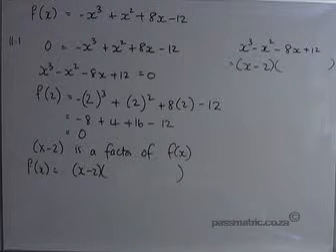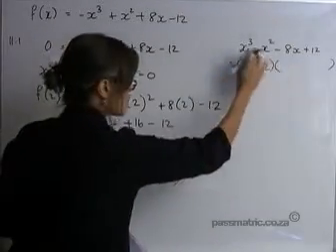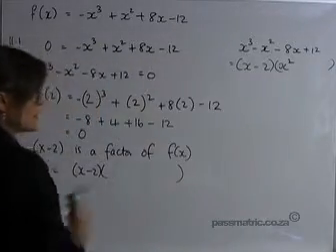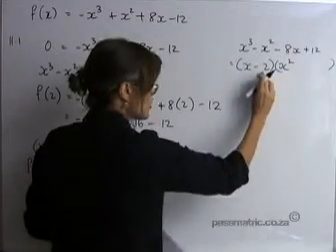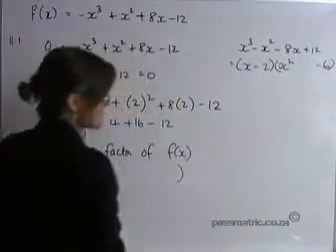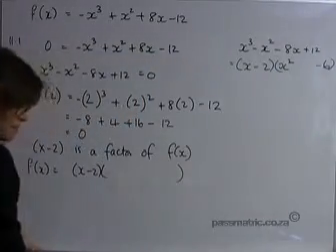You now have to work out what's in that second bracket. When you multiply x by something to get x cubed, that has to be multiplied by x squared. You need to get 12 when you multiply minus 2 by your last term, so that has to be minus 6. What we're missing is the term in x.